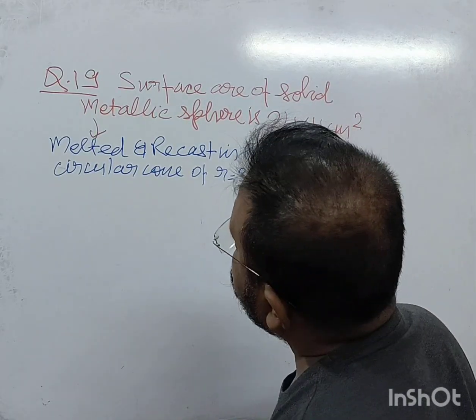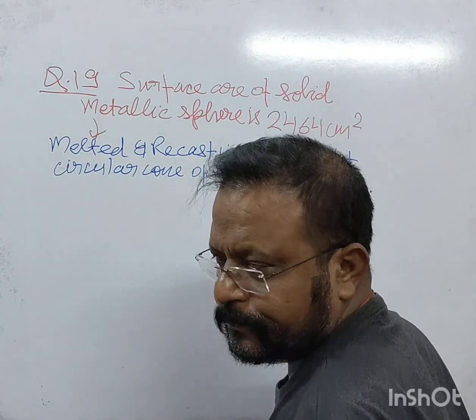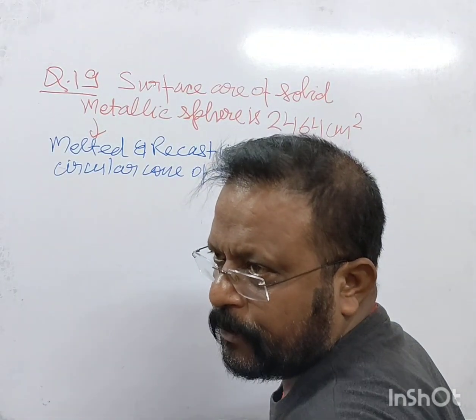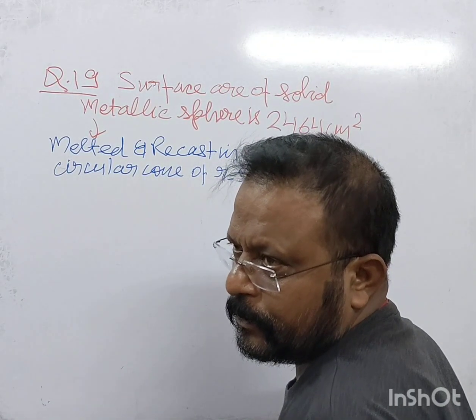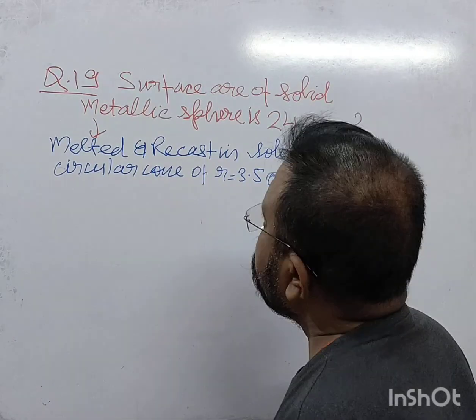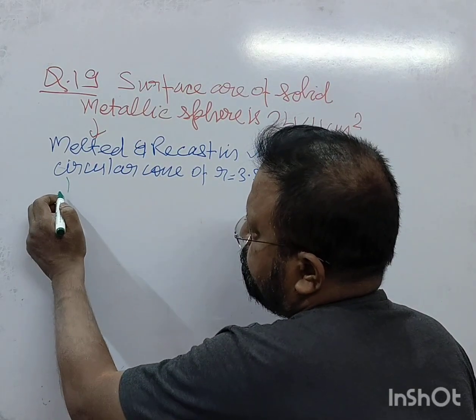Right. So find the number of cones required. Find the radius of the sphere and the number of cones. Find the radius of the sphere first.